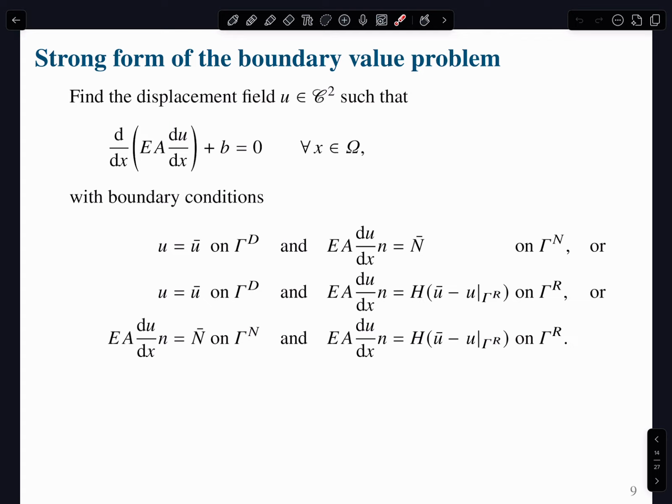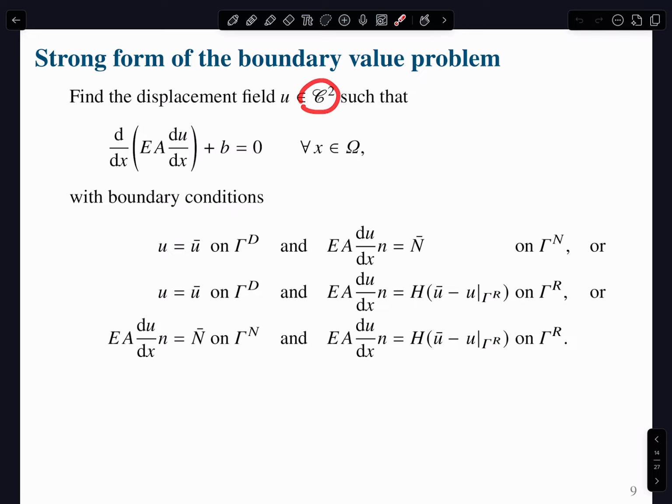We have to find the displacement u that is in C2. Remember, it has to be continuously differentiable because I have a second order derivative here. Obviously, if I'm using functions that are not in C2, then this doesn't hold anymore. So I have to make sure that my exact solution is in the C2 space.